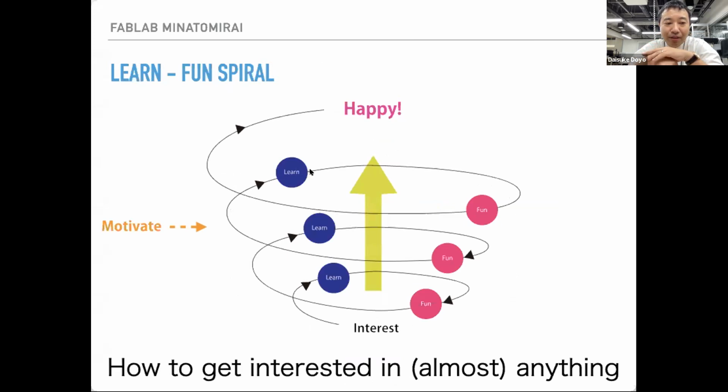I call this process the learn-fun spiral. The learn-fun cycle is not enough. The important process is this spiral process. To do this, the important thing is how to get interested in almost anything.